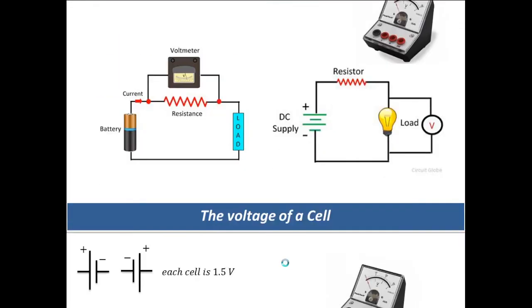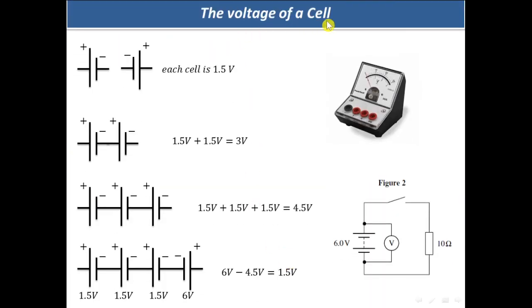Okay, so let us go to the voltage of a cell. You have here two cells. Of course, these cells are 1.5 volt. When they are connected in this way, I call it a series connection. Why? Because if this end is 1 and this end is 2, and this end is 1 and this end is 2, you see 2 is connected to 1.